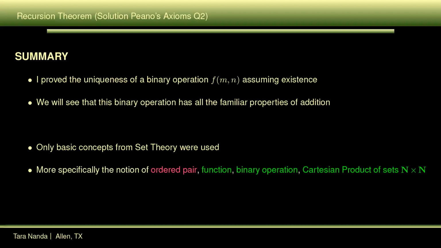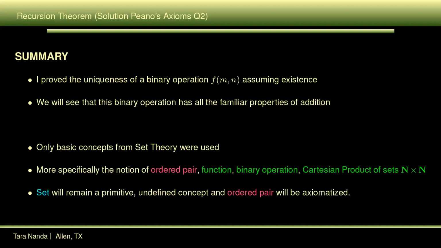More specifically, the notion of an ordered pair, function, binary operation, and Cartesian product of sets, in this case N cross N. The notion of a set will remain a primitive, undefined concept in the development of the subject, and ordered pair will be axiomatized.